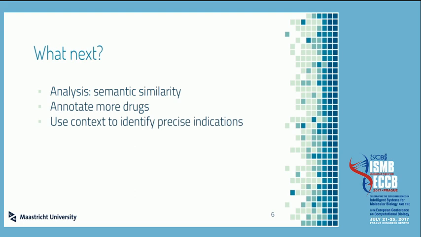Another issue that we've noticed when curating this information from the DailyMed labels is that sometimes you have an indication phrase in the text, for example, hypertension listed in your label, and only after reading the surrounding text do you realize that there's a more precise indication, like maybe this drug is indicated for hypertension in patients with a specific reading of systolic pressure.